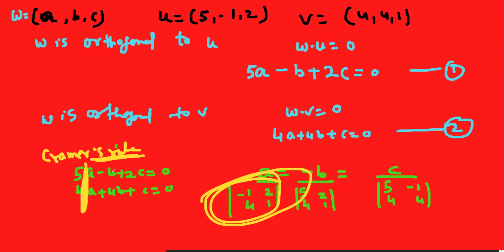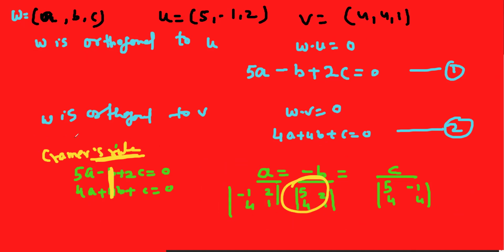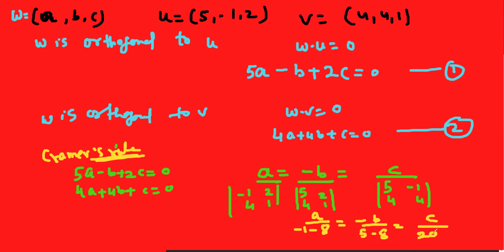For finding B, hide the value of B and write here. For C, hide the value of C and write here. Now A becomes what? Do cross multiply. Between cross multiplication there is a minus. 5 minus 8, 20 minus plus 4.